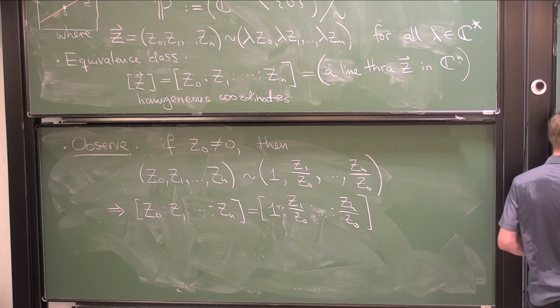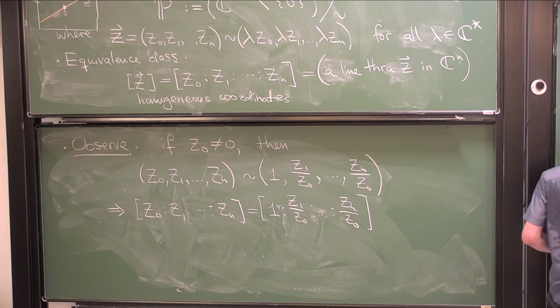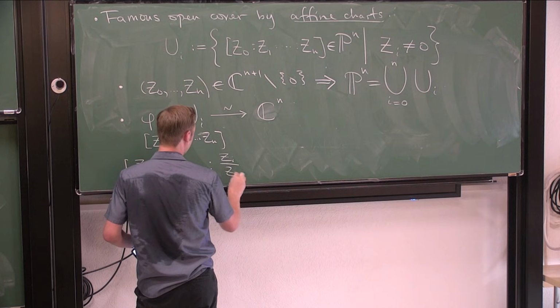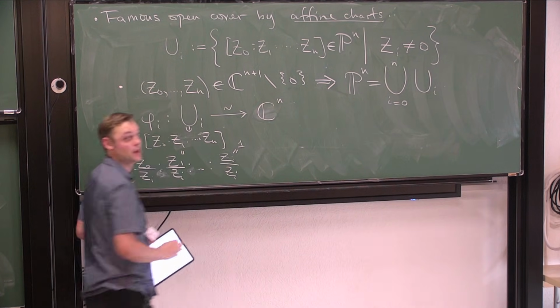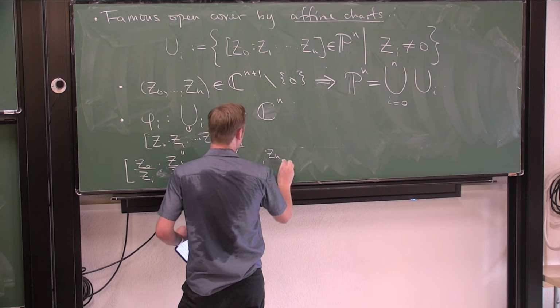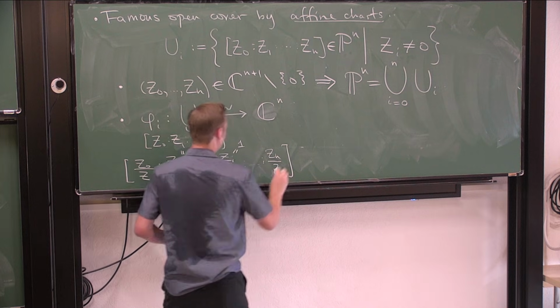So I have Z_0 over Z_i, Z_1 over Z_i, sorry, these are supposed to be colons, as usual, up to Z_i over Z_i, which is obviously just 1, and then it continues down to Z_n over Z_i.